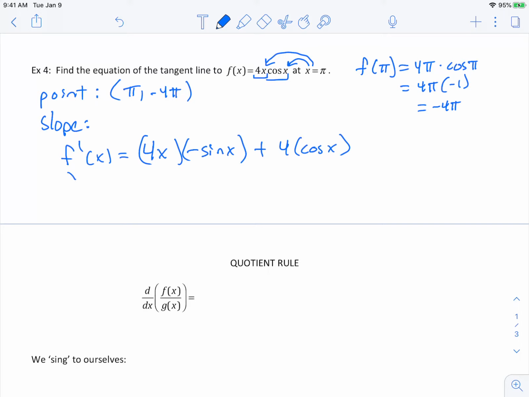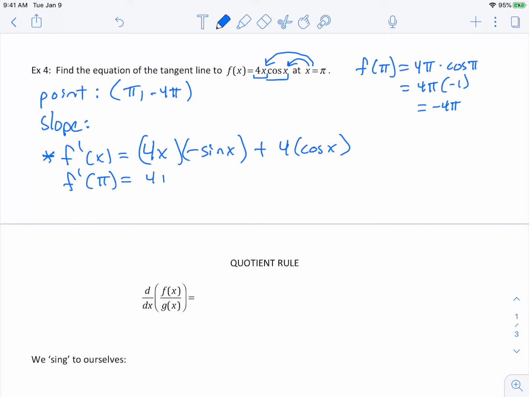And now we want to plug in our x value into the derivative so that we actually figure out the numerical value of the slope. Remember this formula here, f prime of x, that tells us how to find the slope at any x value. So once you know the x value, you plug it in to figure out the numerical value of the slope at that location.